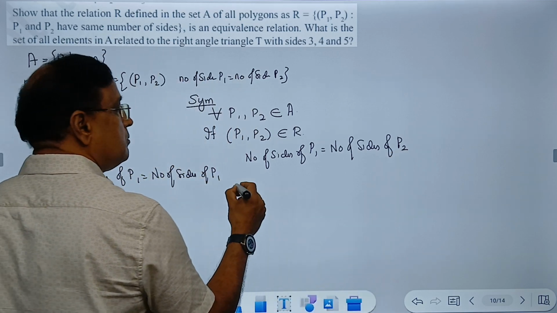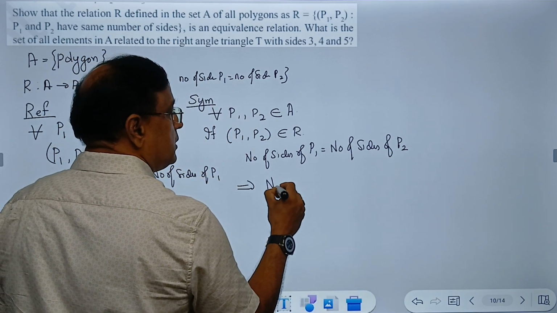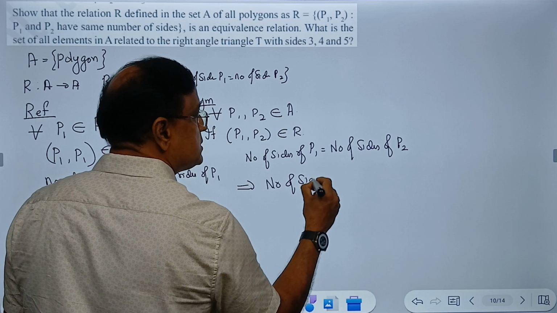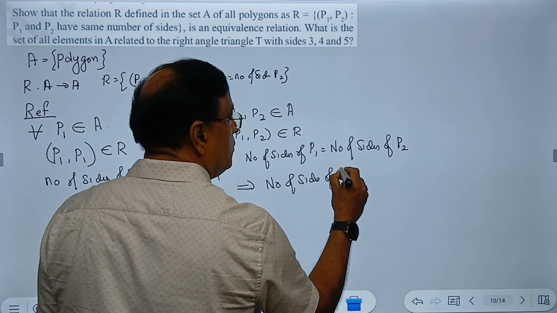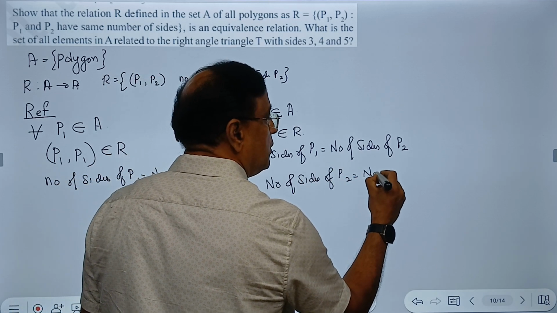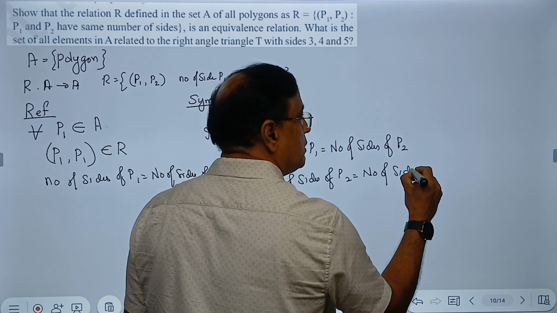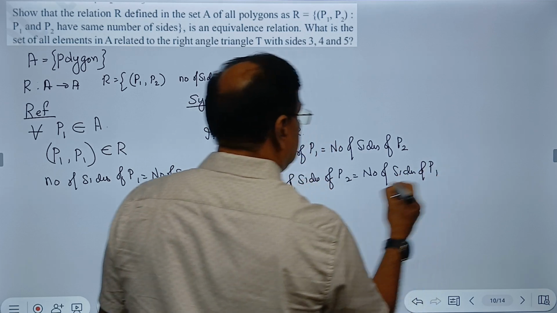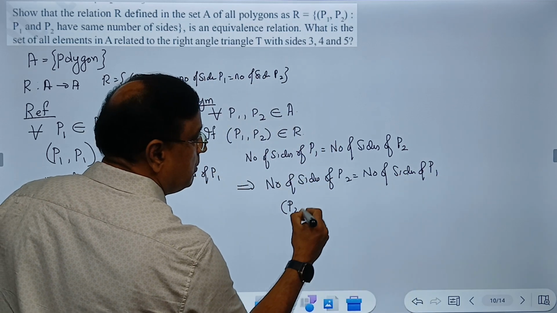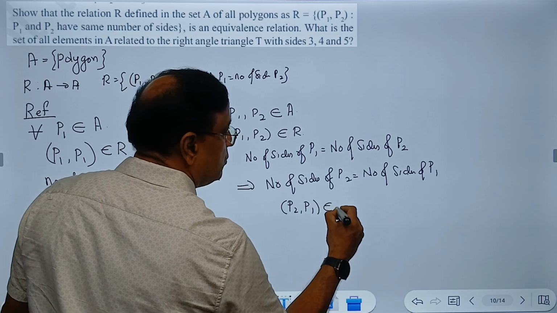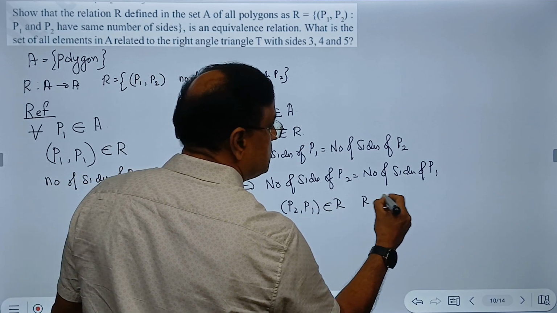Obviously reverse it. This implies, it's actually boring, the number of sides of P2 is equal to the number of sides of P1. This shows (P2, P1) belongs to R, therefore R is symmetric.